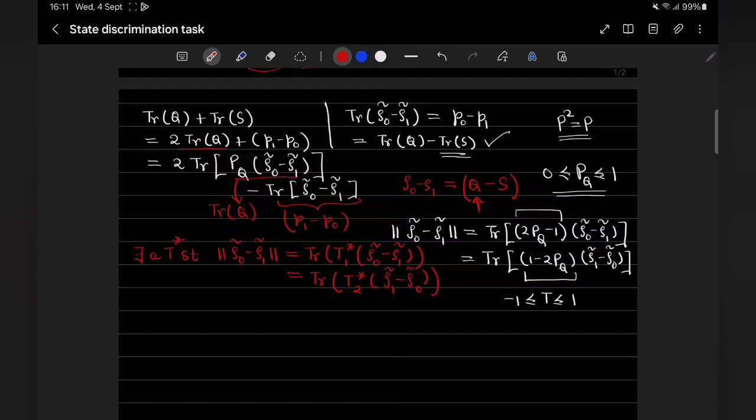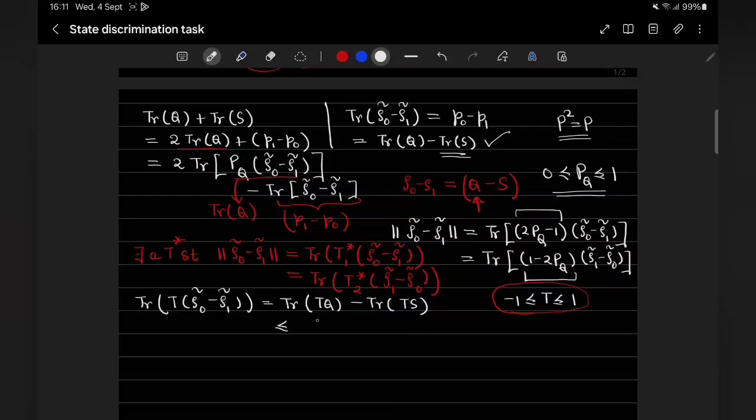Now I have to show that any other t that satisfies this condition is always lower bounding it. So this is really the max that you can get. For this it is quite simple to show. What we need to do is simply observe that trace of t rho 0 tilde minus rho 1 tilde is trace of tq minus trace ts, which is less than or equal to trace of q plus s, which is equal to exactly the norm of rho 0 tilde minus rho 1 tilde.